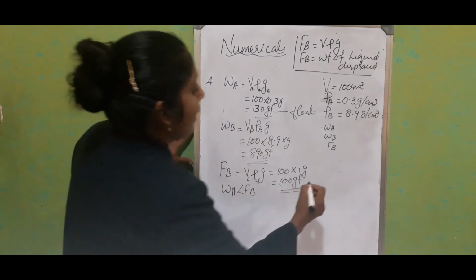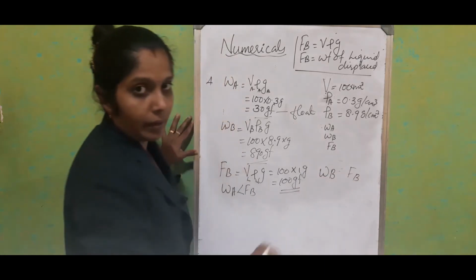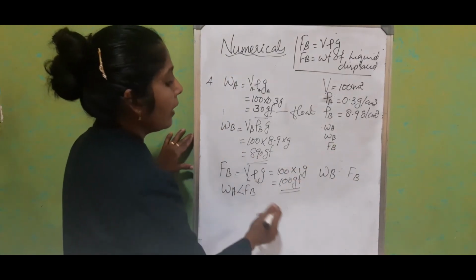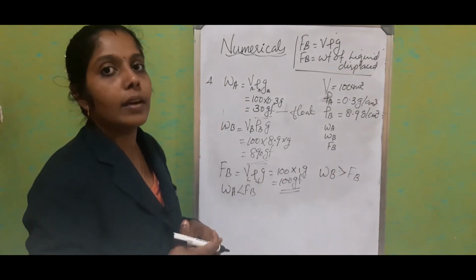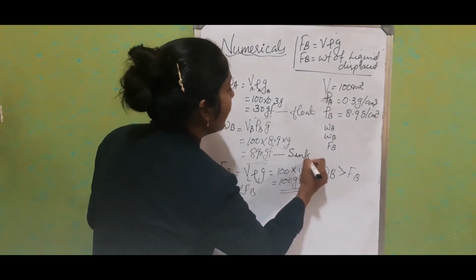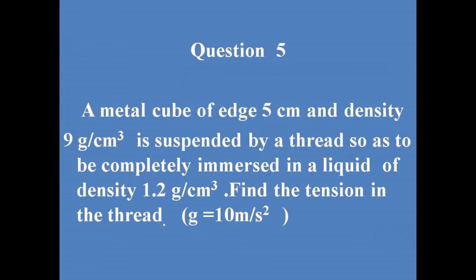Now WB and FB, that is the buoyant force: this is 890 and this is only 100 gram force. So the weight is more compared with the upthrust, so the second one will sink in the water. Let's move on to the last question.